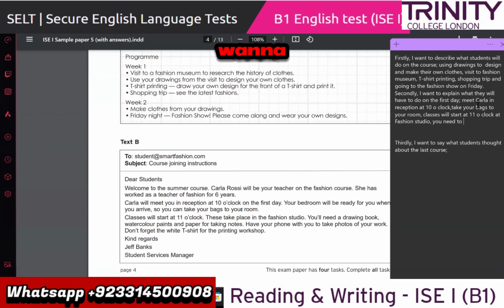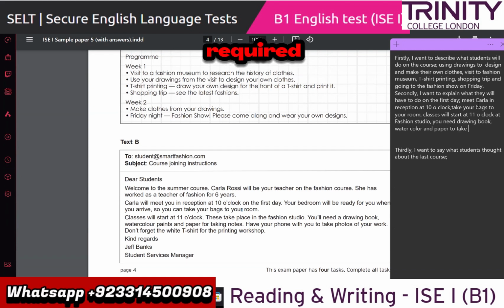But if you don't want to write this, then you can say you need a drawing book, watercolor, a notebook, and paper to take notes. For example, we just want to do the minimal right now. What is required? Take notes. Remember one thing, that a person who doesn't understand the text can never find the answers. That's the biggest task, to find the information from the text. Do you understand me?